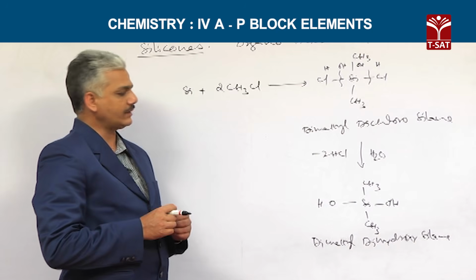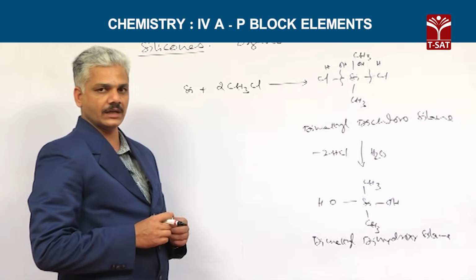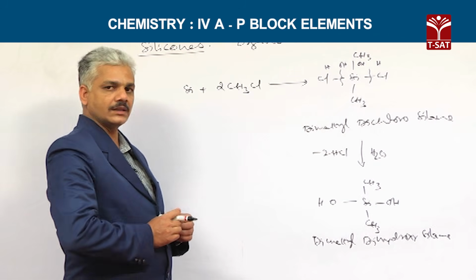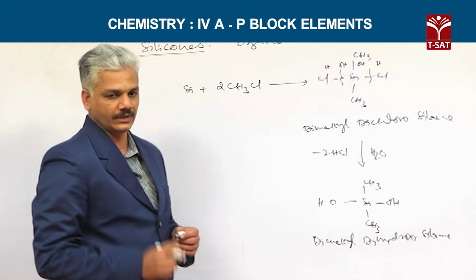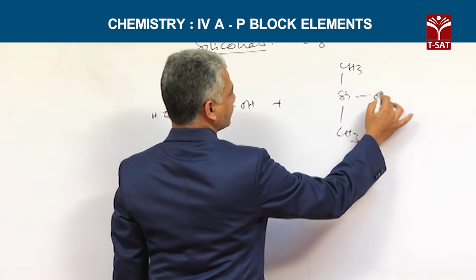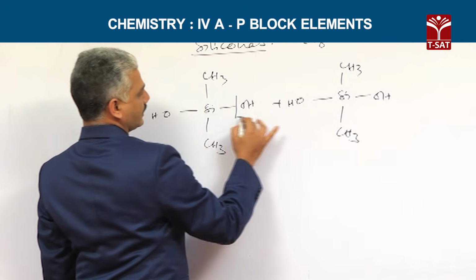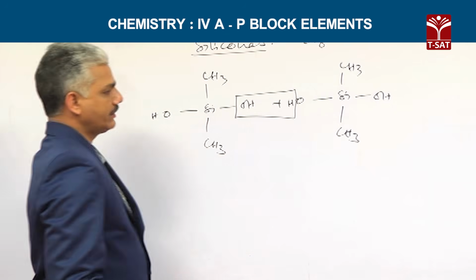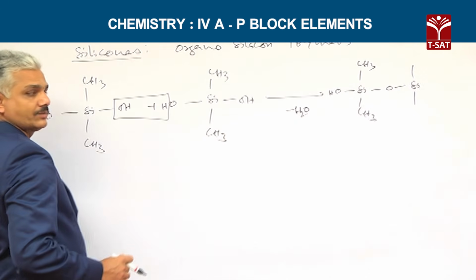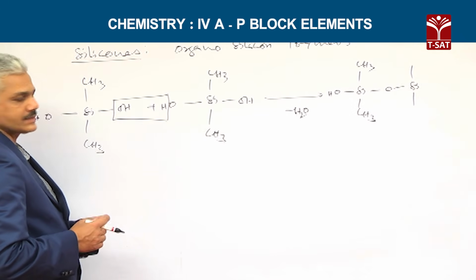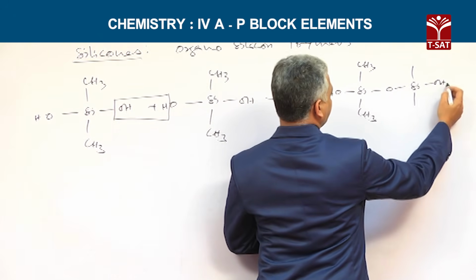These molecules will be attached to each other by means of a polymerization mechanism known as condensation polymerization, and in that process long chains of silicones are obtained. For example, two monomers are attached to each other by means of condensation polymerization like this. On heating, one water molecule is eliminated and we get a dimer from two monomers of dialkyl dihydroxysilanes.